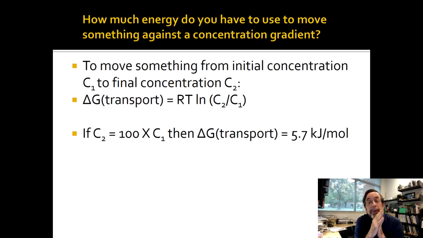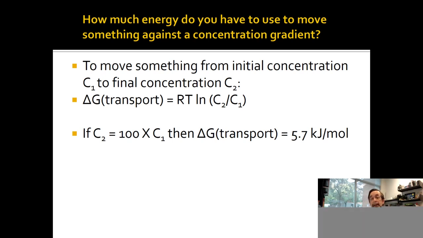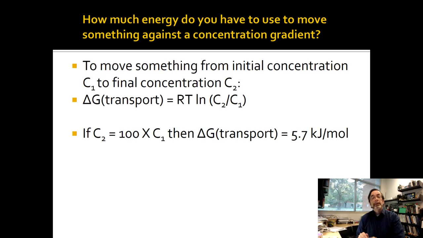That's a physical chemistry equation. Again, we'll talk about the why in the physical chemistry class. Right now we're just going to talk about the what, which means that you can tell the delta G of any transport, and this doesn't depend on in or out, it just means you are moving from initial concentration C1 to final concentration C2. You put the final concentration on top.